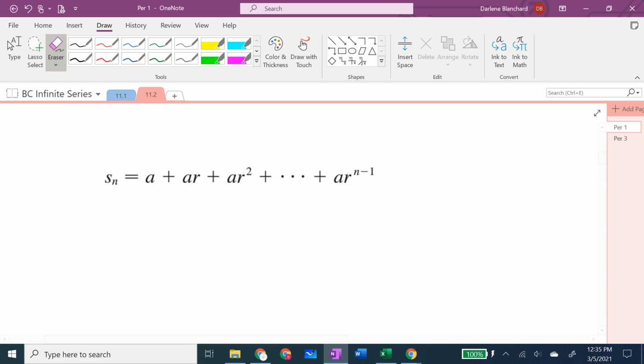If I add together the first n terms, this is understood to be for n equals 1, this is n equals 2, this is n equals 3, and this is the nth term in its entirety. And it stops. Now, you're going to take this equation and you are going to multiply both sides of this equation by r.